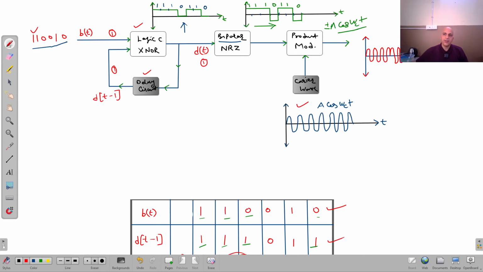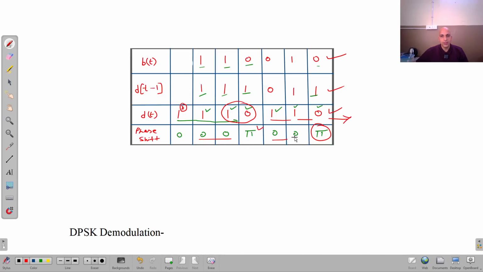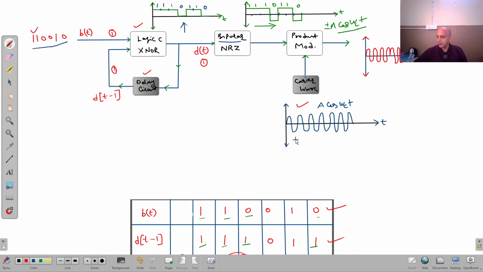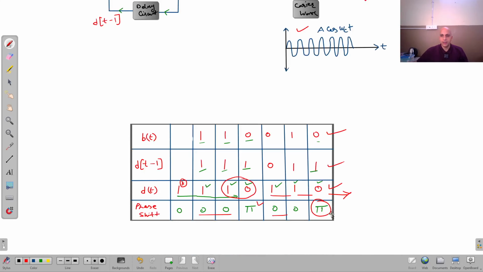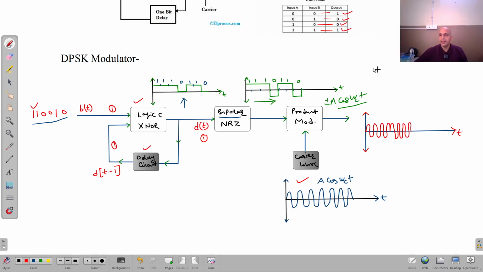But then no change for the next 2 bits, and then again there is a change of phase of 180 degree.